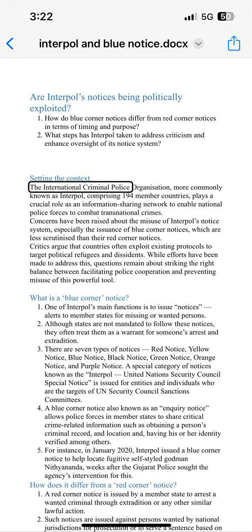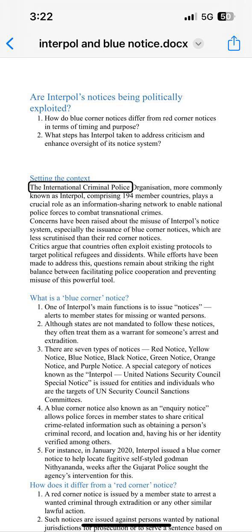Now what I'm just trying to say, listen. Interpol is an international criminal police organization whose headquarters is located in Lyon, France.